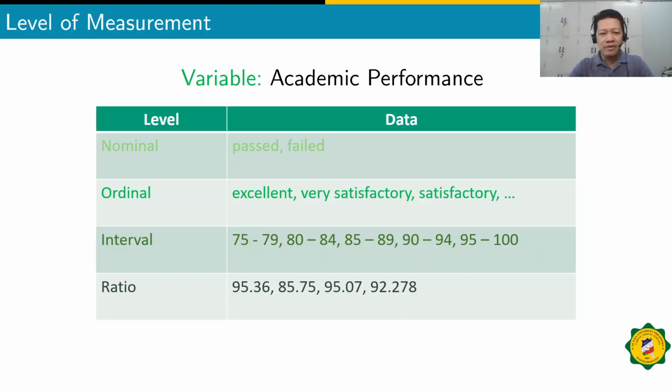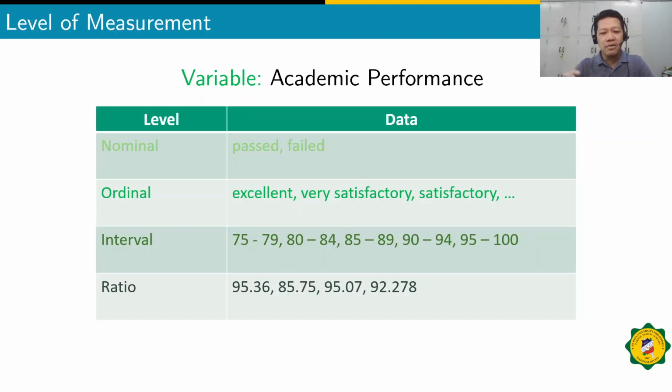So for example, if you just ask your students to classify whether they passed or failed the subject, your data is nominal. But if you want your students to describe their academic performance as excellent, very satisfactory, satisfactory, and so on, your data is in ordinal level.